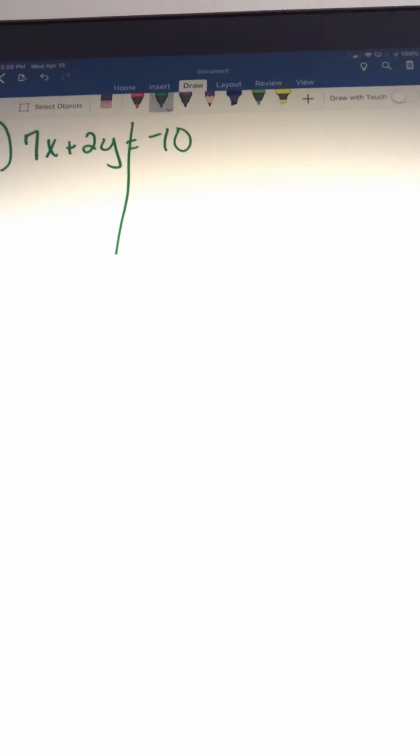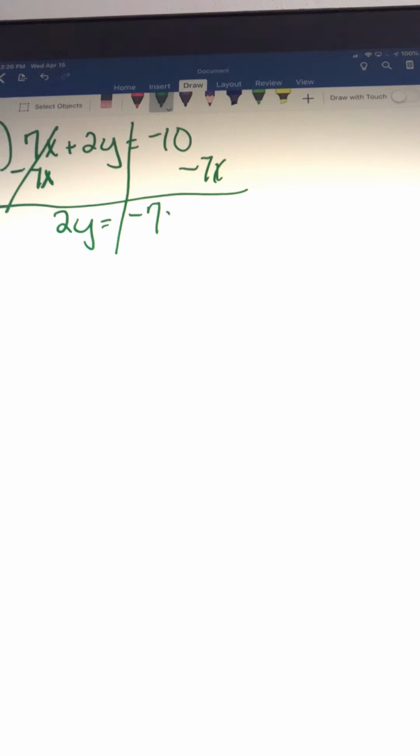Let's take and get 7x to the other side. So subtract 7x from both sides. 7x minus 7x cancel. I have 2y equals negative 7x minus 10. Almost done. You cannot have a number other than positive 1 with the y, so we have to get rid of this 2.